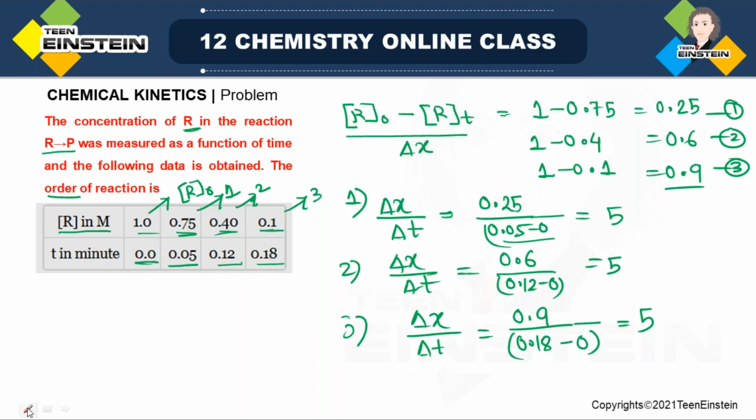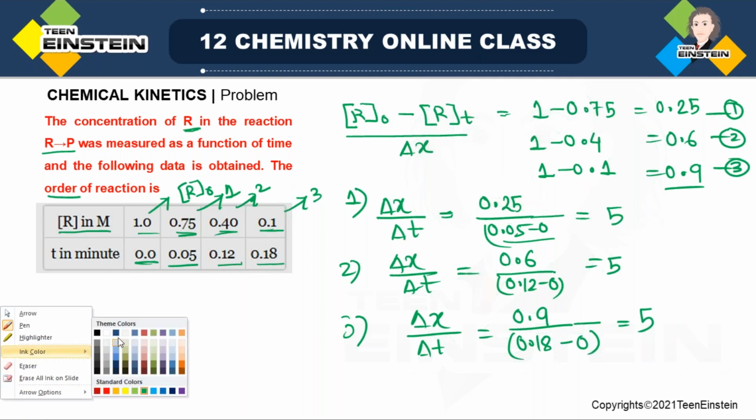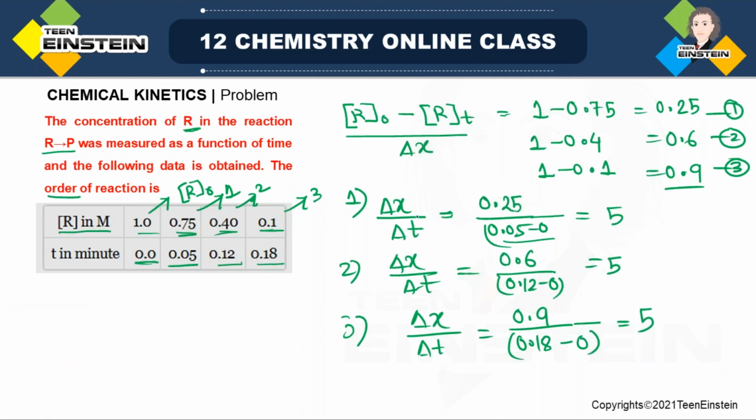So from this observation, what does it mean? It means the rate of change in the concentration of starting material is not dependent on time, because it is always the same. It doesn't matter what the time is, this value is always the same.